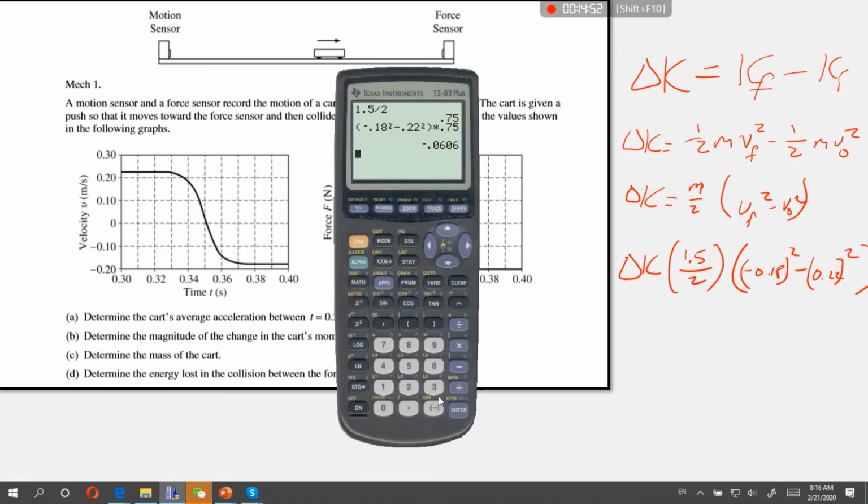So this is 0.18 squared minus 0.22 squared, times 1.5 over 2. Okay, that's what I was expecting. I'm not sure what I did wrong the first time.